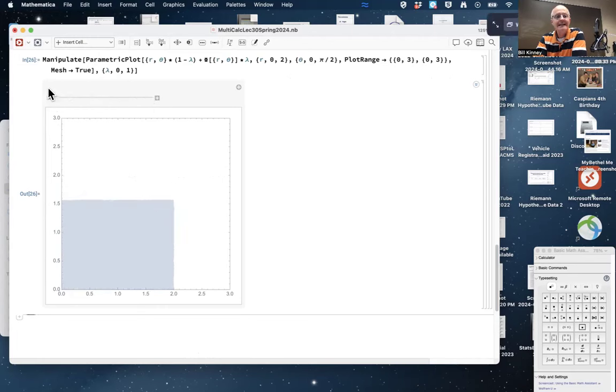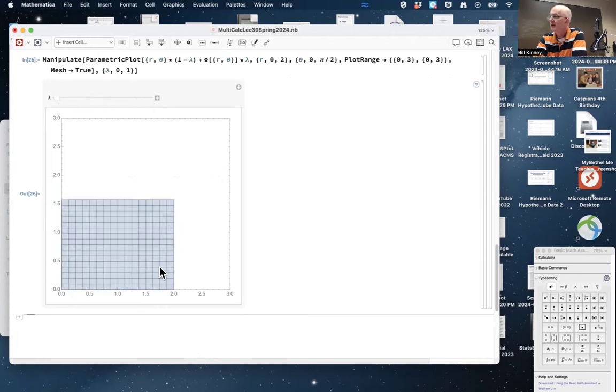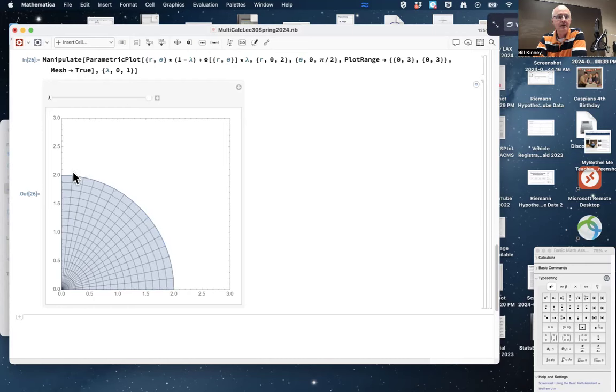Whereas something over here where R is close to 2 gets expanded in area. The area of these curved rectangles, if you will, is much bigger. They get multiplied by 2. They're 2 times their original areas, approximately.